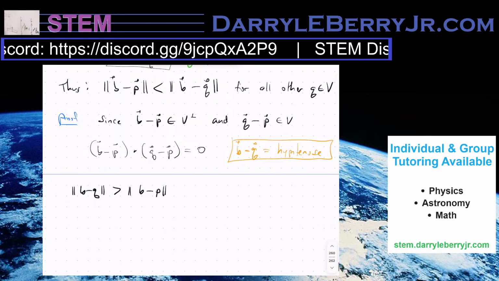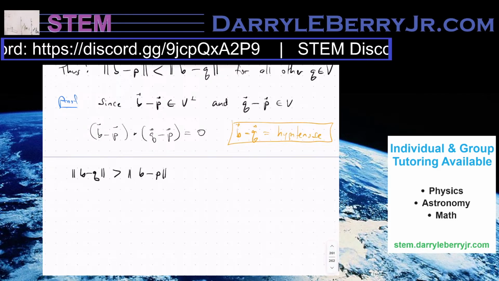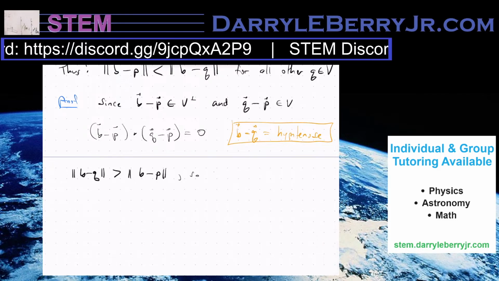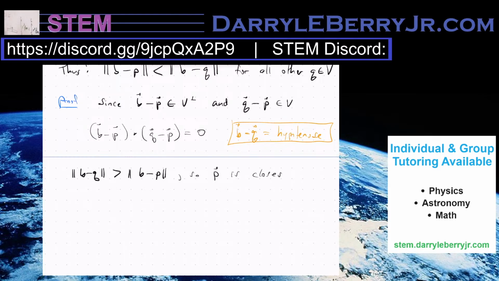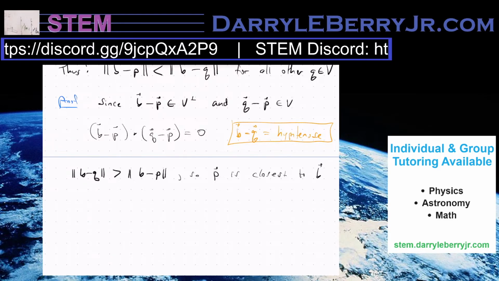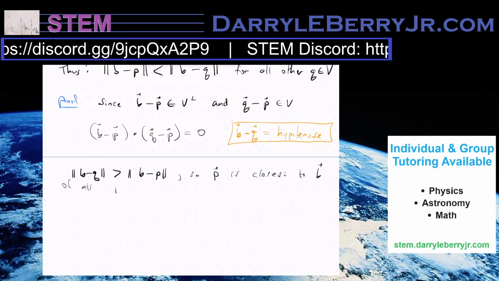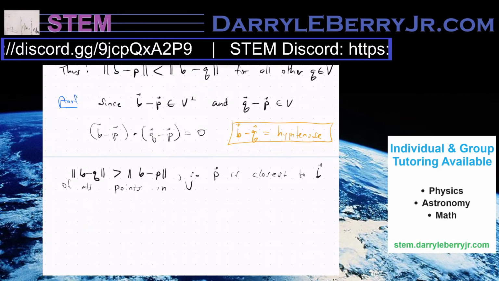So I see the logic behind it. So P is closest to B. Right? So that makes sense.